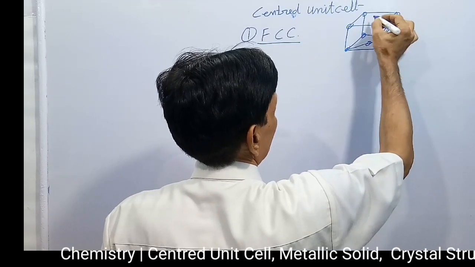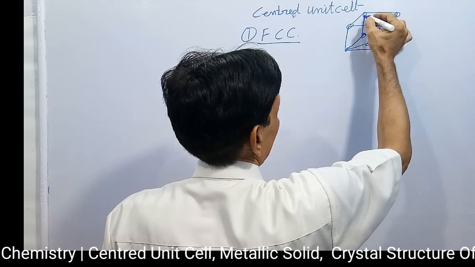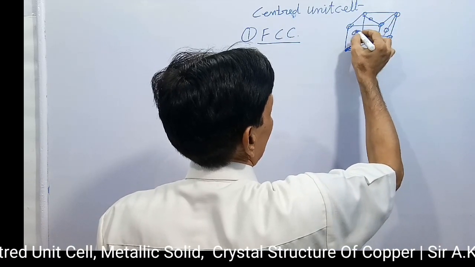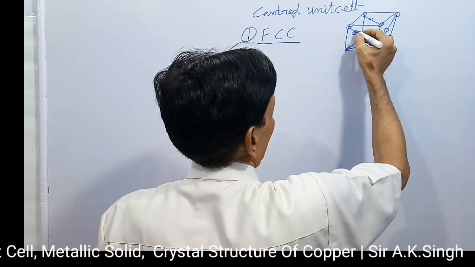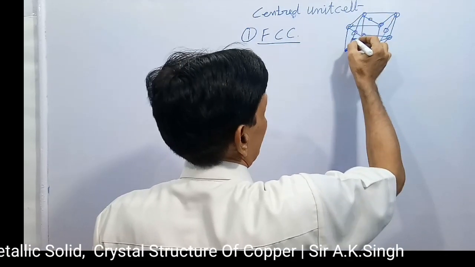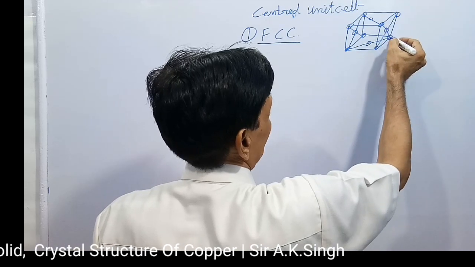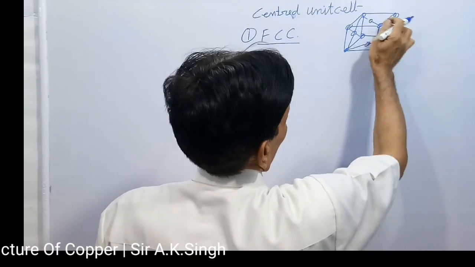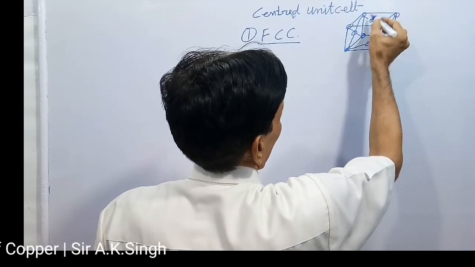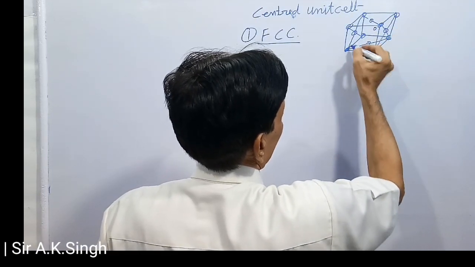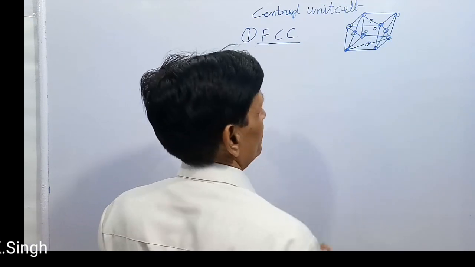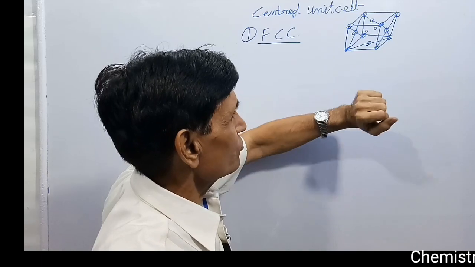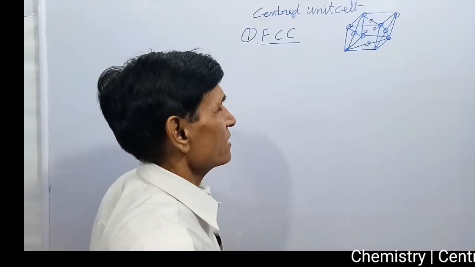At each face, one face is here, a particle is present here, and on another face here, particles are present like that. You can check, particles are present at the center of each face. Particles are present at the centers of the faces in addition to the corners.